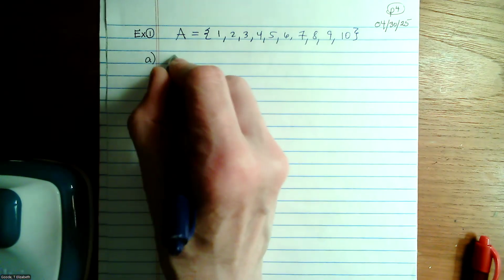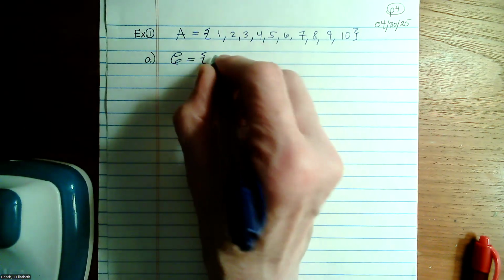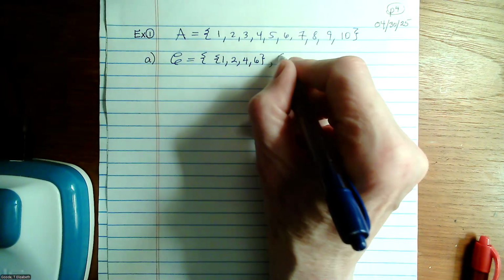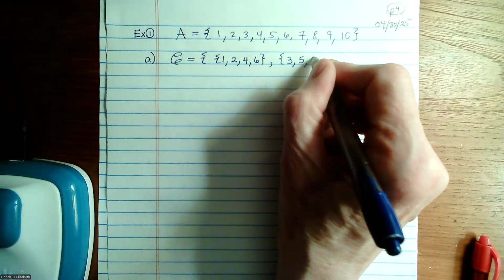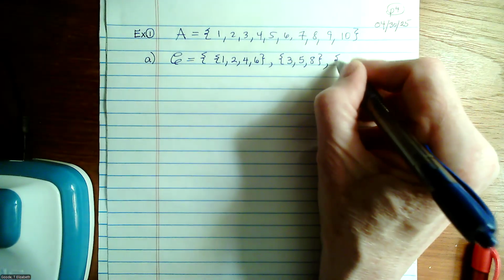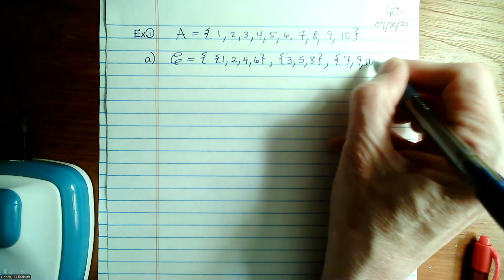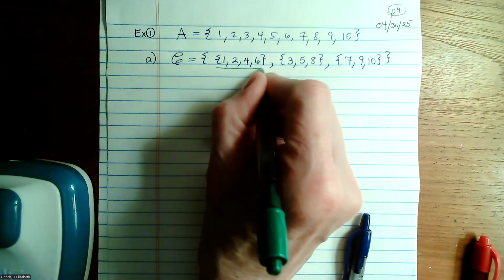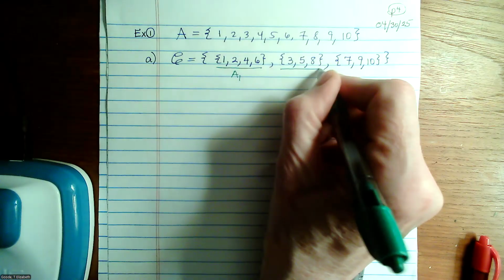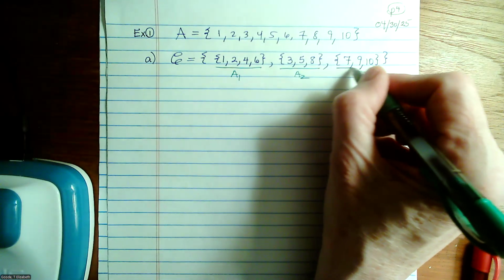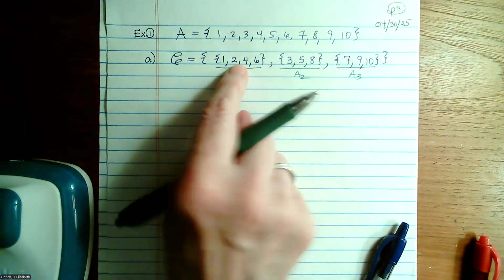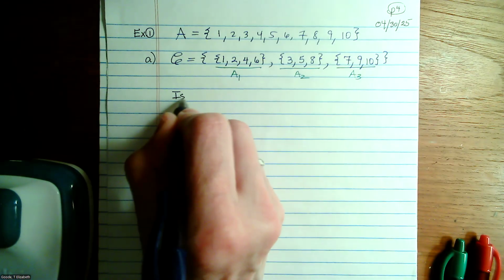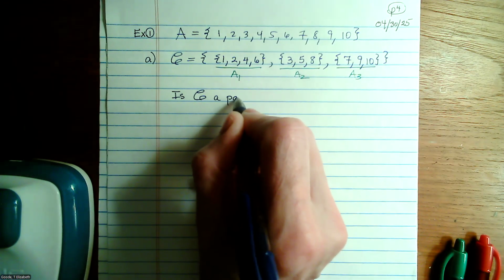So for A, let this collection be the set that contains 1, 2, 4, and 6, and then 3, 5, and 8, and then 7, 9, and 10, for example. Okay, so this is our set A1, this is our set A2. Even though it's not written there for you, you could label these sets A1, A2, and A3. So let's just check. Is this collection, curly C, a partition of A?